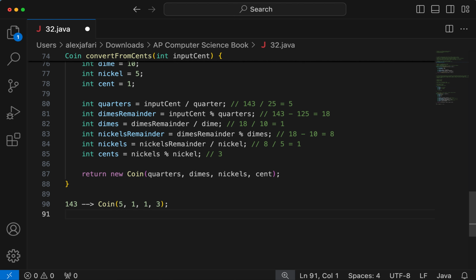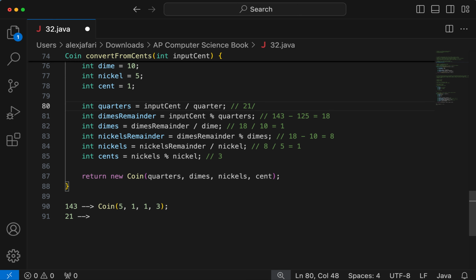All right. Let's do something else. Let's say I have 21. What should this return? Should return 5 quarters? No. 21, not 121, 21.